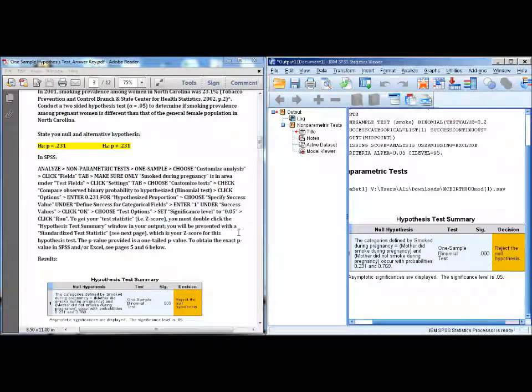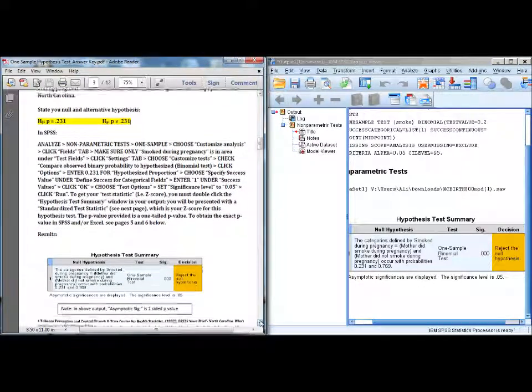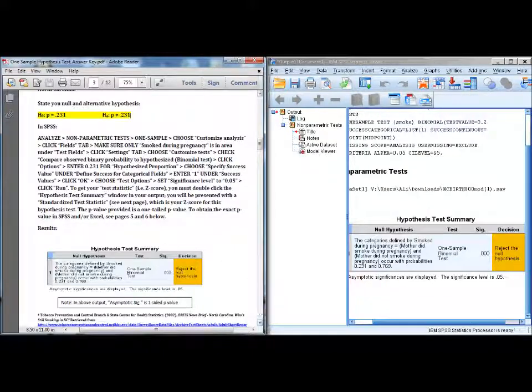But remember that this p-value is a one-tailed p-value. Now what we want is a z-score. Now knowing this one-tailed p-value, we could obviously know that the two-tailed is going to be less than 0.05. If the one-tailed is 0.000, two-tailed is going to be less than 0.05.